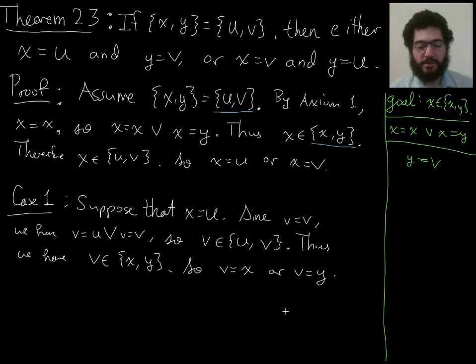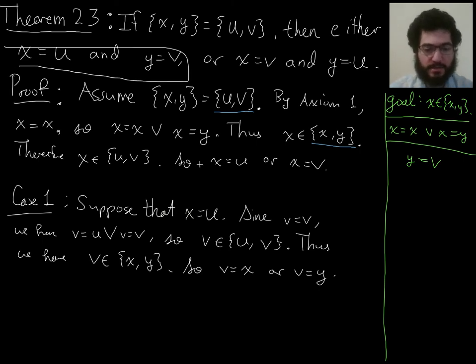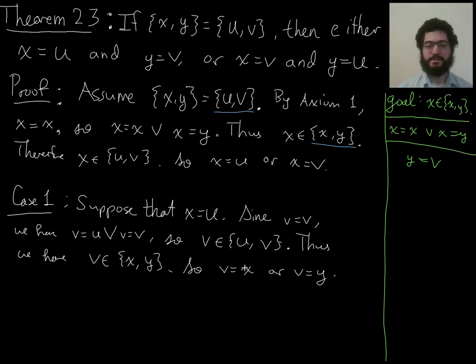Now, how is this any better than what I was mentioning before? I mean, if V is Y, then we're done, because it seems we've proven this side of things. But what if V is X? Well, now it looks kind of interesting. What happens when V is X?